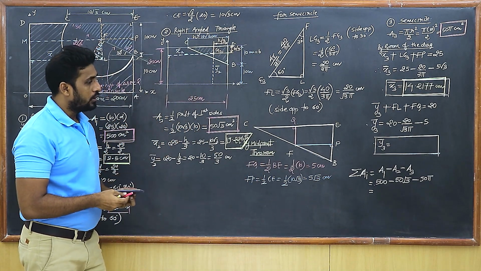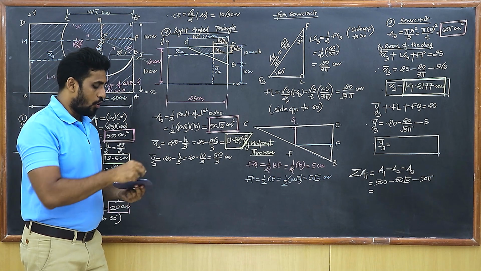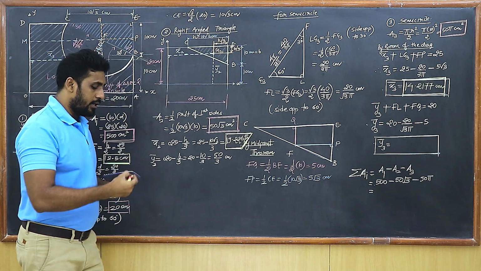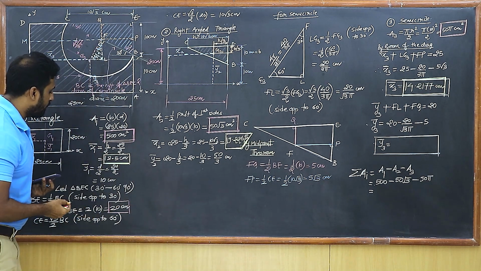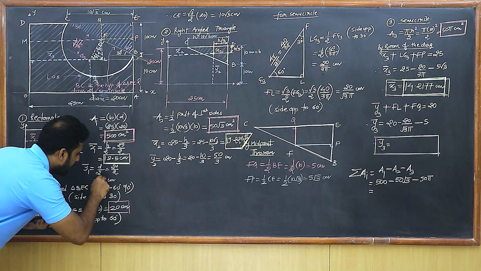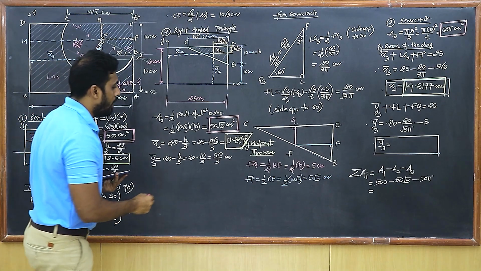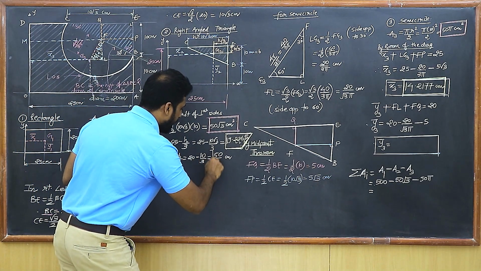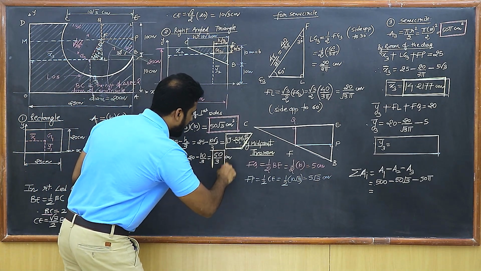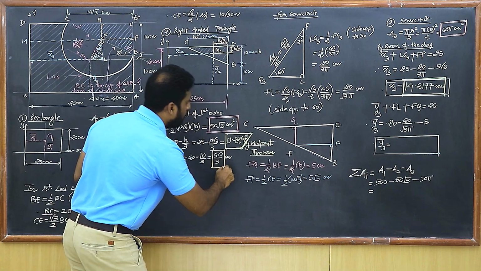And students, let's mark all the values of y bar also. Very quickly get the values of y bar here. So what do we have? Y1 bar is this 10 centimeters. Then what is the value of Y2 bar? It is 50 upon 3. I'm just blocking all the values, so it becomes very easy to find them while doing the calculations.